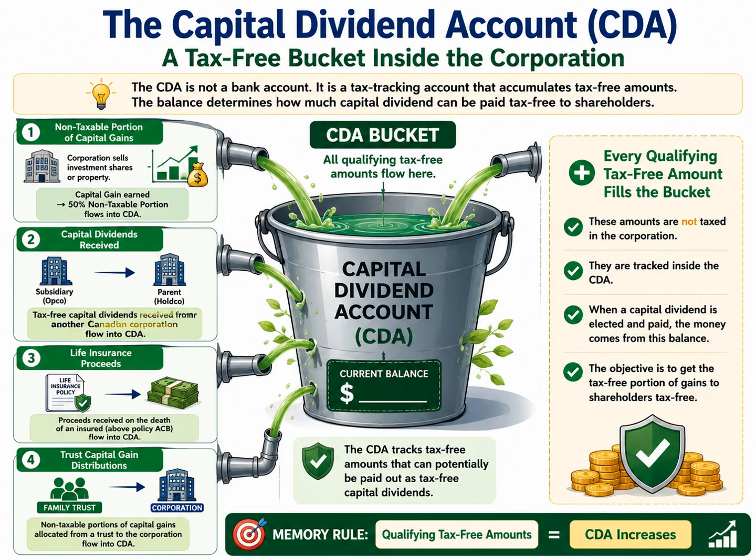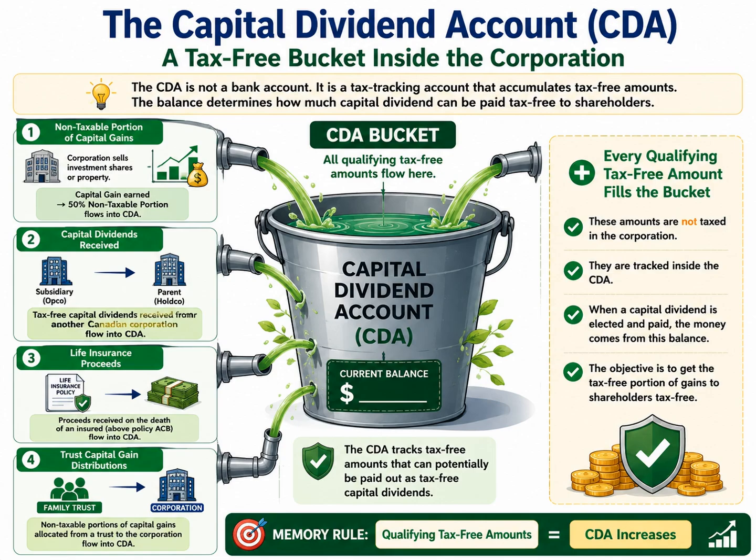They represent amounts that have already received favorable tax treatment and therefore may eventually be distributed to shareholders without creating another layer of tax. Think of all these transactions as pipes filling the CDA bucket. As more qualifying tax-free amounts enter the corporation, the bucket fills up and the CDA balance grows. And the larger the CDA balance becomes, the more tax-free capital dividends the corporation may potentially pay in the future.